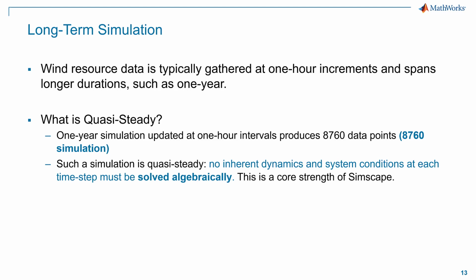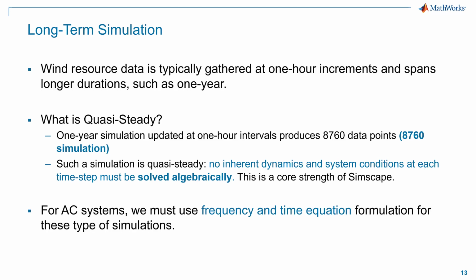So the important thing about quasi-steady is that there is no inherent dynamics in the system, so the conditions at each time step must be solved algebraically. So this is the core strength of Simscape. And for the AC system, we need to know that we must use the frequency and time equation formulation for this type of simulation.